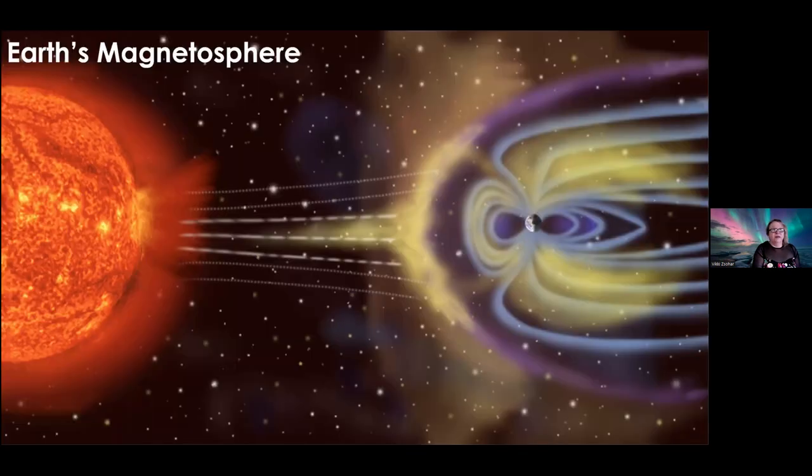Okay, let me get the next one. So let's quickly get into the Earth's magnetosphere. You see on the left side of the screen there is the sun, and those lines are just an illustration of the solar wind, which is hitting the Earth's magnetosphere.